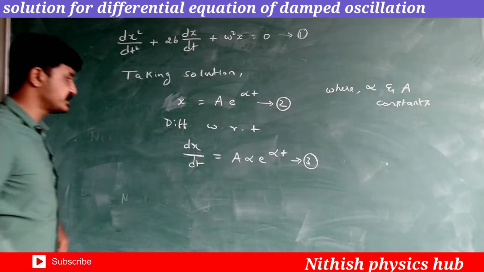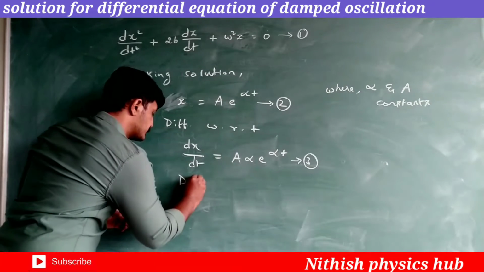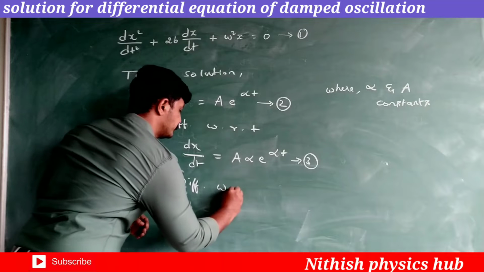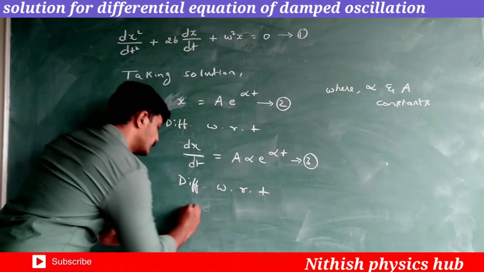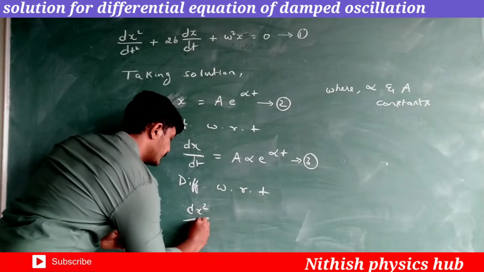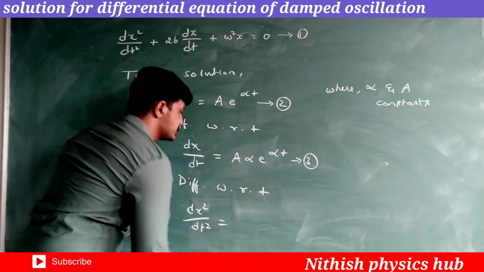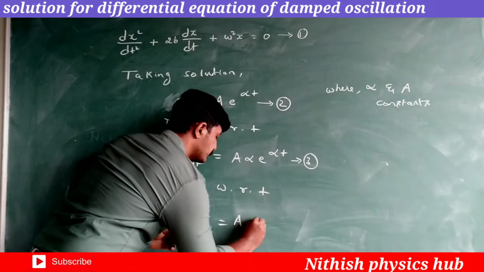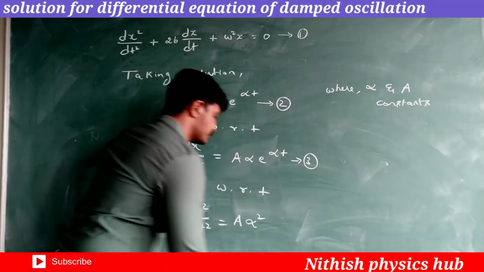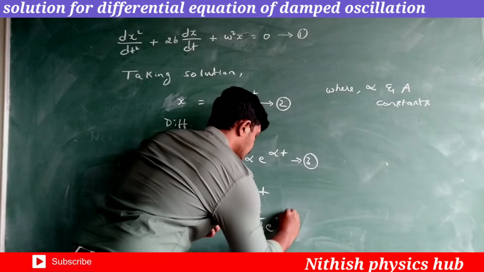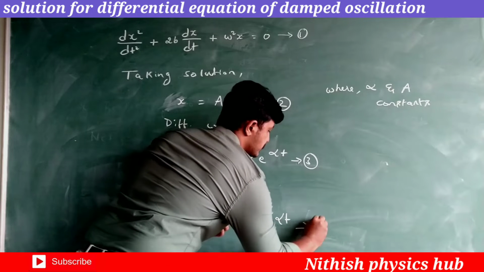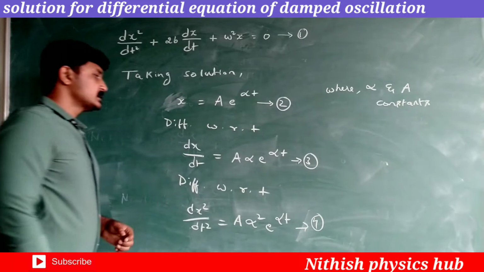Again I differentiate with respect to t, so d square x by dt square is equal to A alpha square e to the alpha t. Take it as equation number 4.